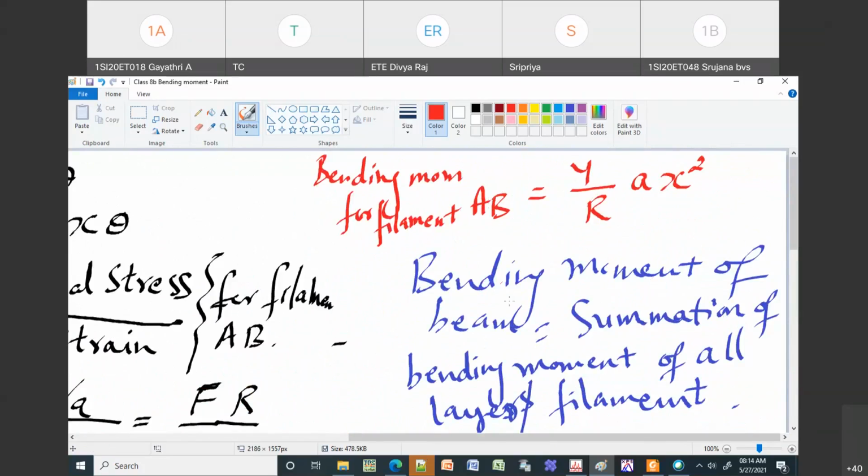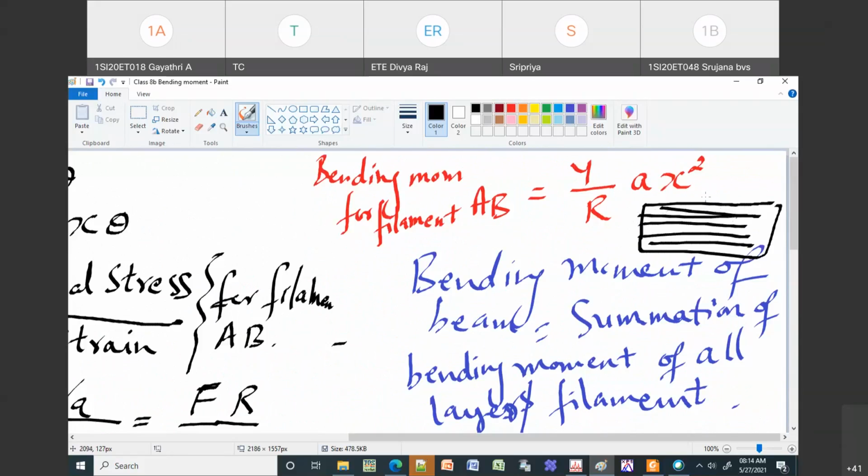Now if I want to know the bending moment of the entire beam, then we know that the beam is made of several layers. So we have to take the summation of all the layers. We did only for one layer, but it has so many layers, maybe 100 or 200 or 500 layers. So we have to take the sum of all those layers.